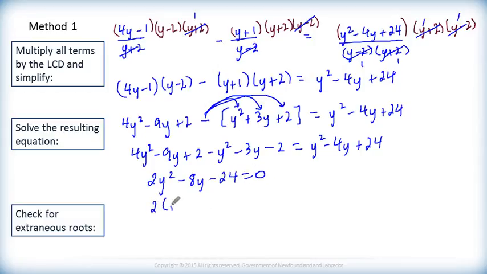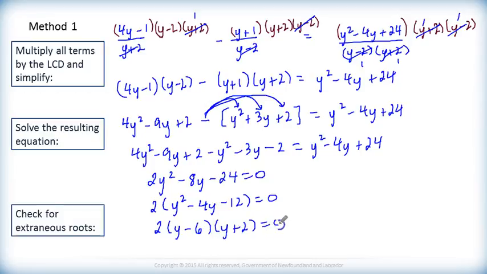I think I can solve this one by factoring. Take out a 2 first of all. And I have 2 outside of (y - 6)(y + 2) = 0. So that's going to give us y equals 6 or y equals negative 2.